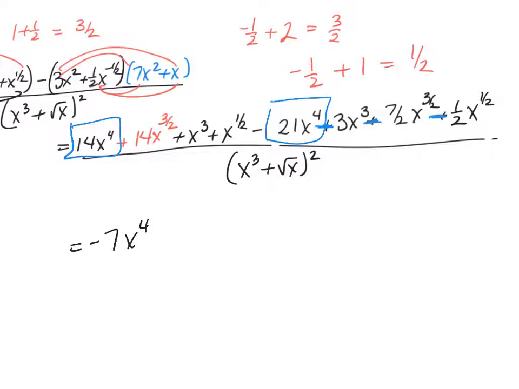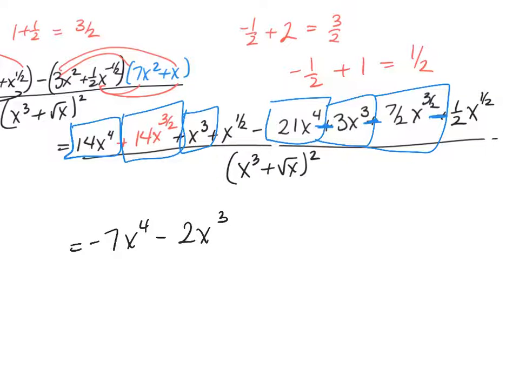I'm going to do my cubes next. So I'm going to pull this one and this one. So 1 minus 3, so that is minus 2x to the 3rd. I'm going to do my x to the 3 over 2, which is this one and this one. 7 over 2 is what as a decimal? 3.5.